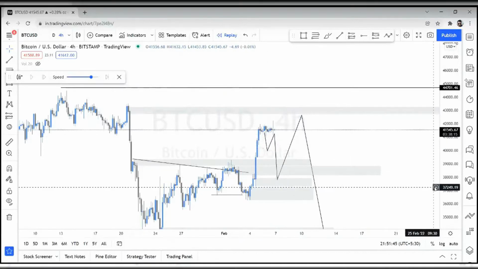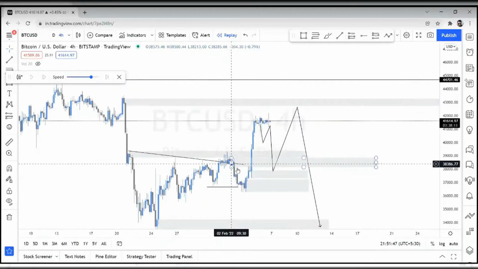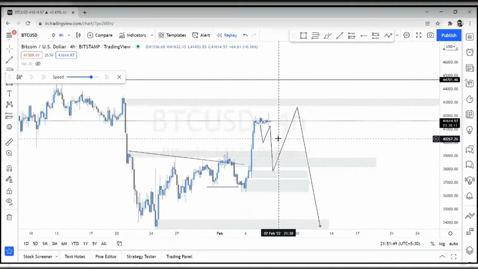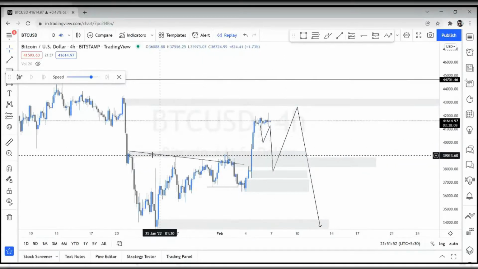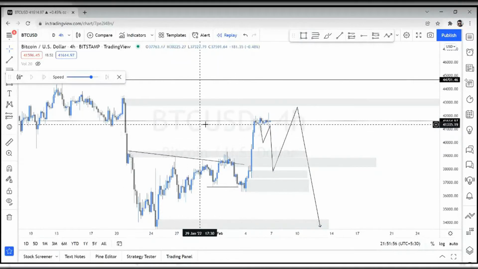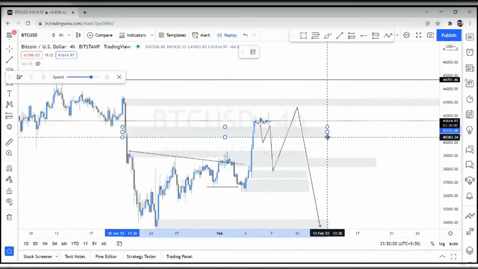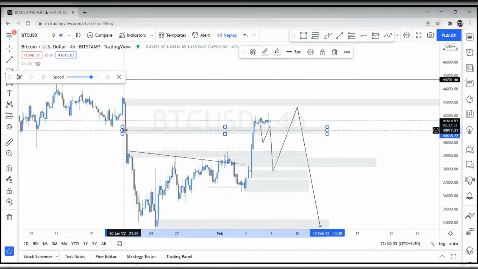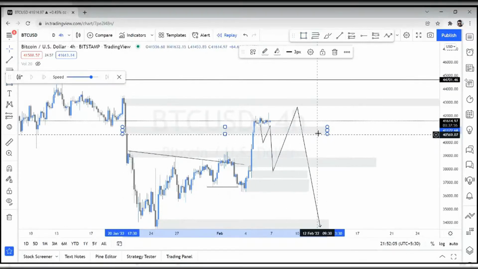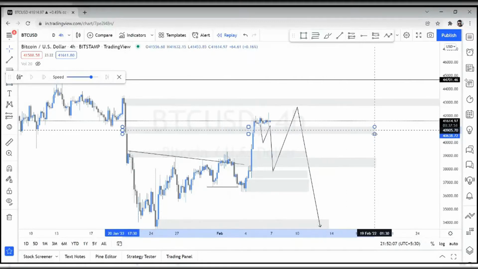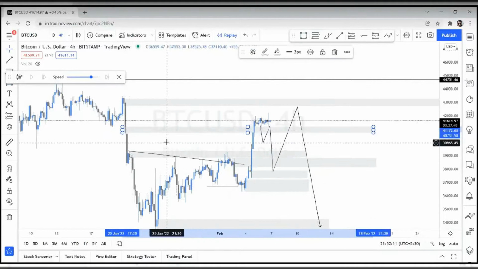Our previous bias was that price will go here and then move up, but price already broke this zone. We had a hidden demand and supply zone somewhere here, which I have already explained.